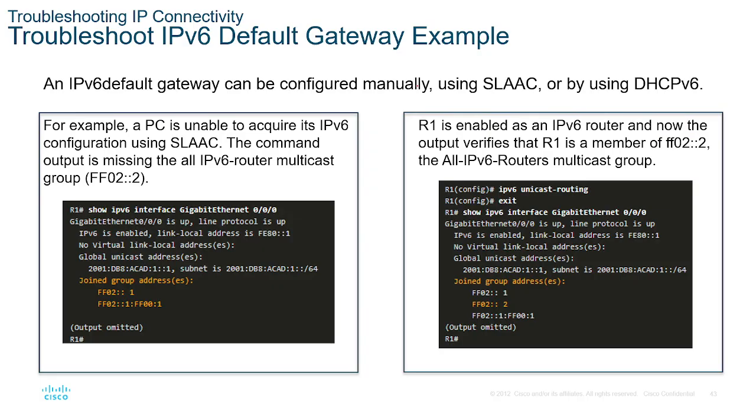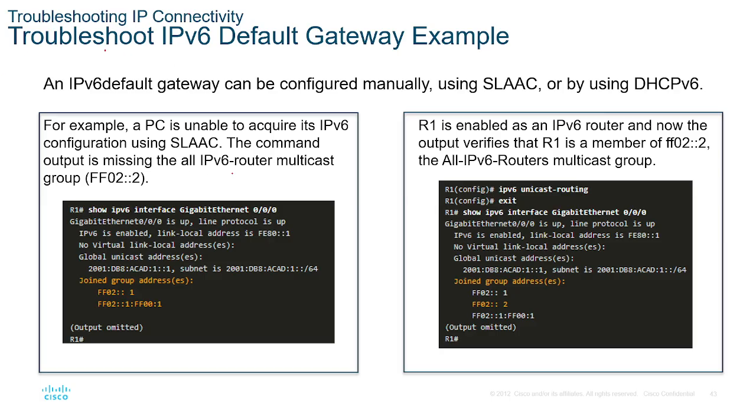Troubleshoot IPv4 default gateway example. The IPv6 default gateway can be configured manually, using SLAAC, or by using DHCPv6. As we can see in here, an example PC is enabled to acquire its IPv6 configuration using SLAAC.